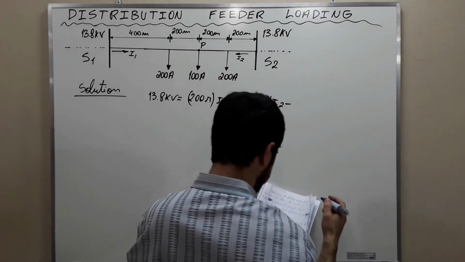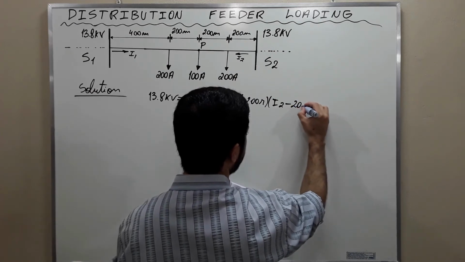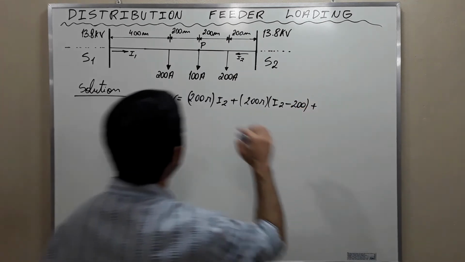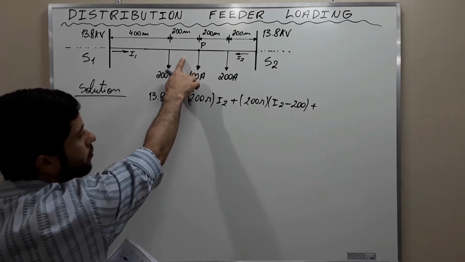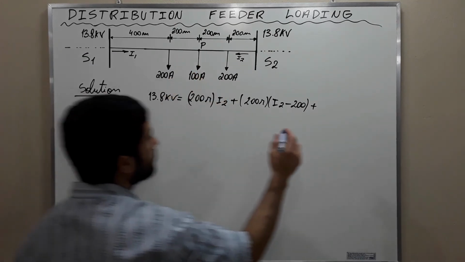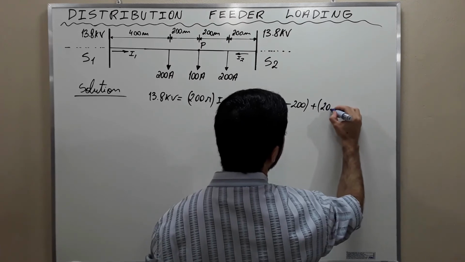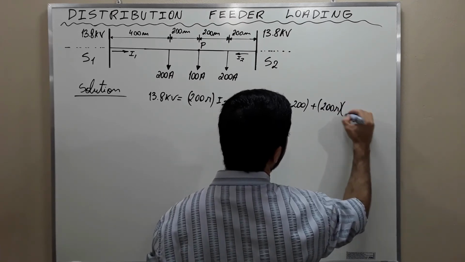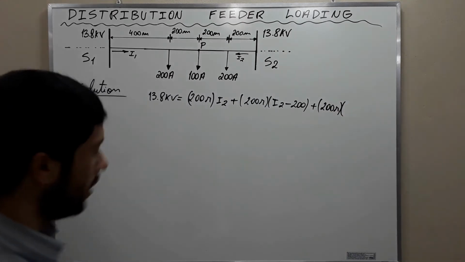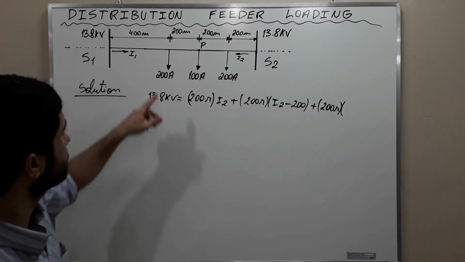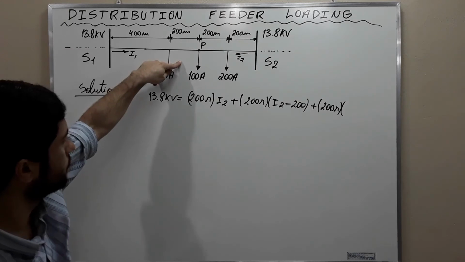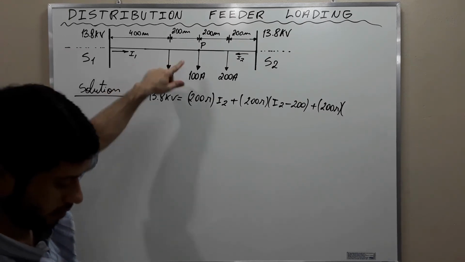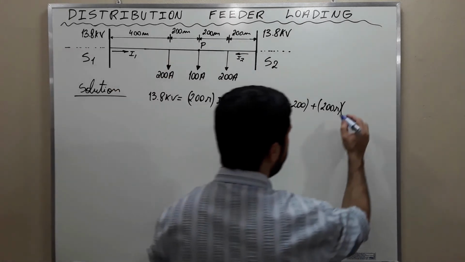The next segment is going to be 200R times I2 minus 300 amperes.